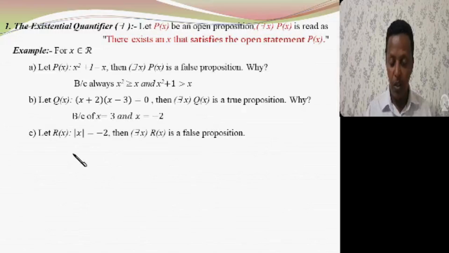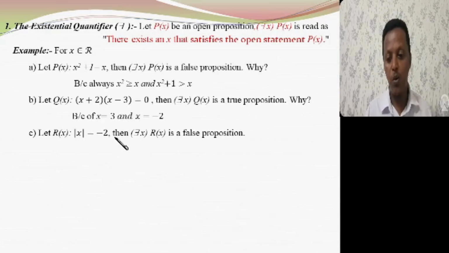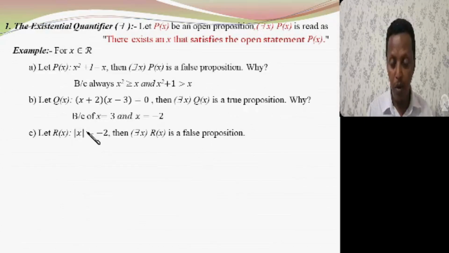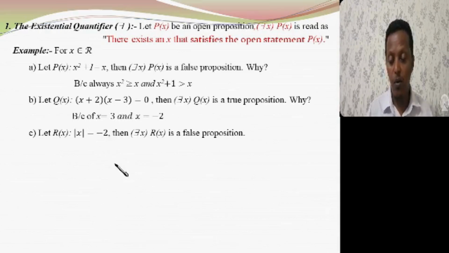Now the third, let R of x be the open statement: absolute value of x is equal to negative 2. So there exists x, R of x is a false proposition. Because absolute value is always greater than or equal to 0, because absolute value of x means distance from the origin up to x. Distance is always positive or 0.